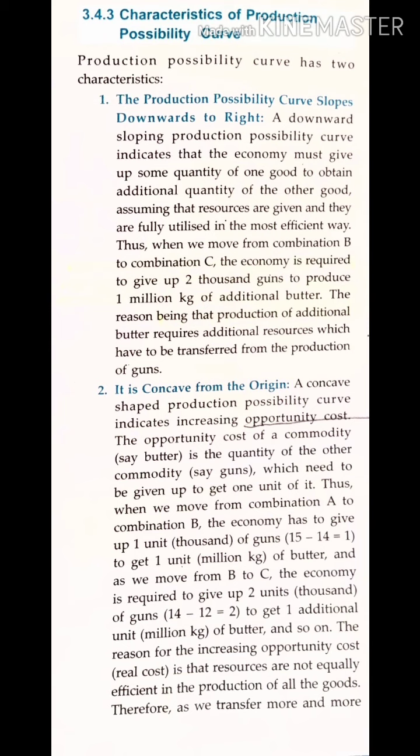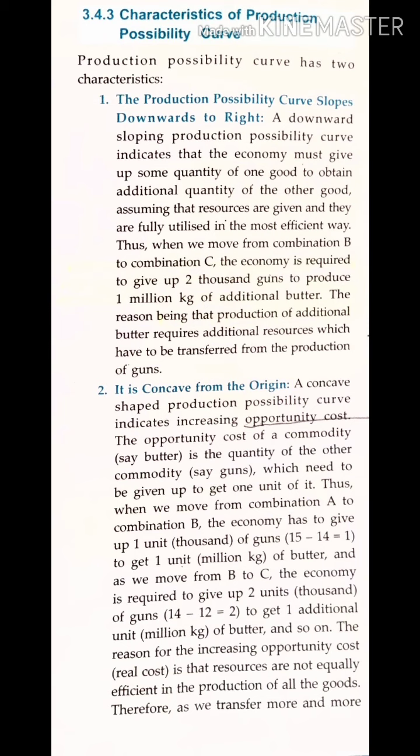So when you see the different combinations, you have seen that the curve is sloping downwards, right? Now why is it sloping downwards? Because it is indicating that if the economy wants to produce some quantity, they have to sacrifice for the other. So they have to give up some quantity of one good to obtain the additional quantity of the other good.